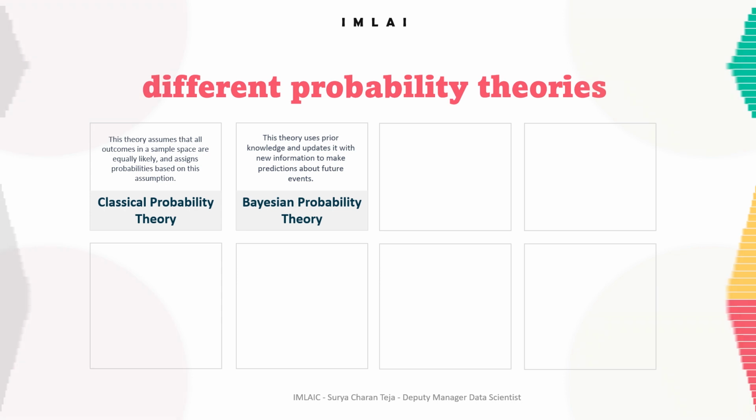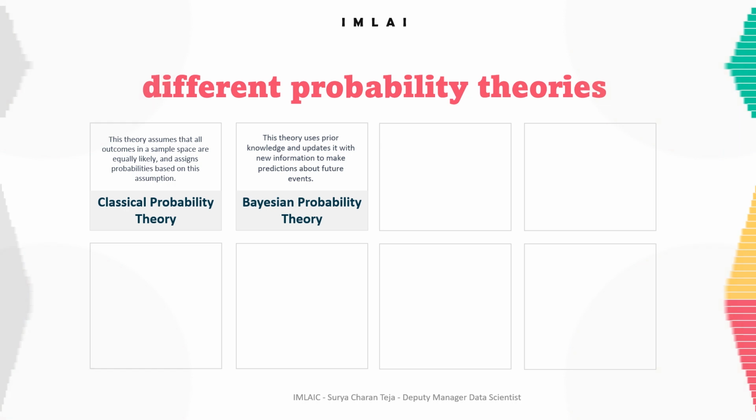Based on that, we'll calculate the probability of those events, and then we'll use those probabilities in predicting the new events. This theory uses prior knowledge and updates it with new information to make predictions about future events.